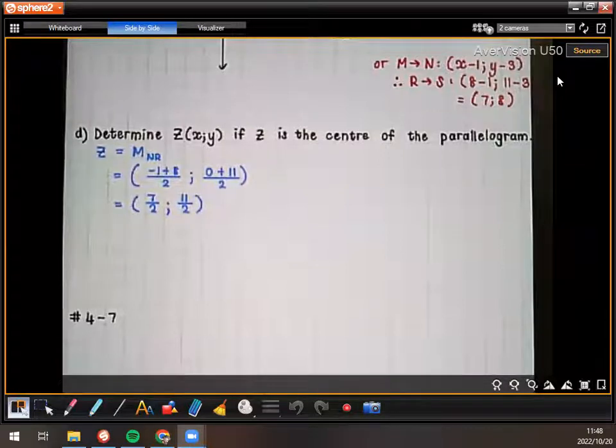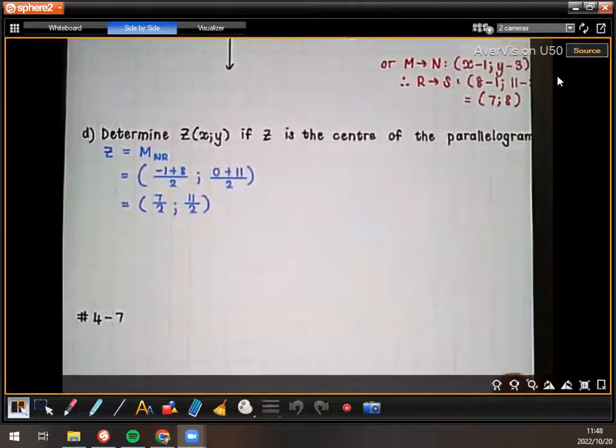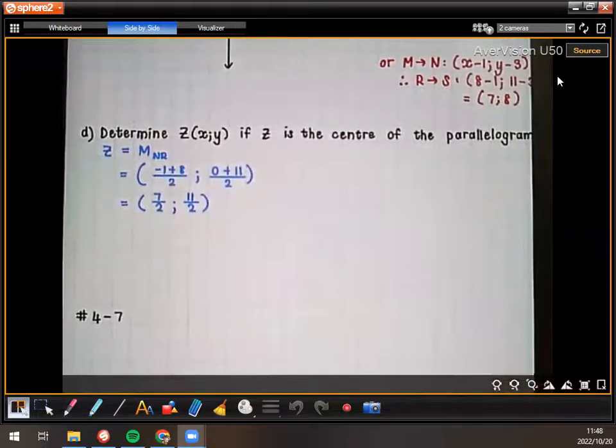Okay, question D. Determine Z, the center of the parallelogram. Guys, remember the two diagonals bisect. So that point where they bisect is actually the center of the parallelogram. The two diagonals bisect. The point where they bisect, the midpoint of both of them, is the center of the parallelogram.